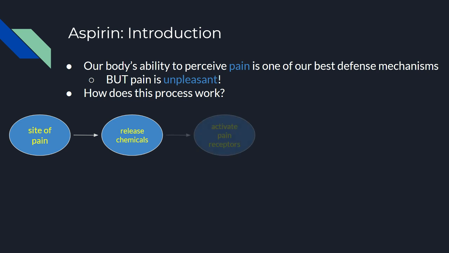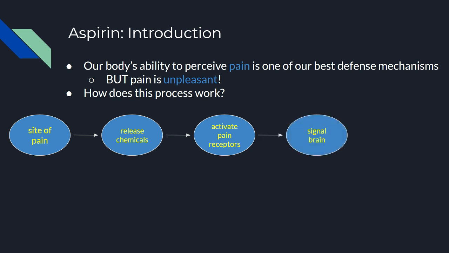Once those chemicals are released in our body, they're able to attach to our pain receptors. So they activate our pain receptors. And remember, these receptors are there to send a signal to the brain. As you can imagine, once it goes to the brain, it tells us to say, ow, and we feel that pain.